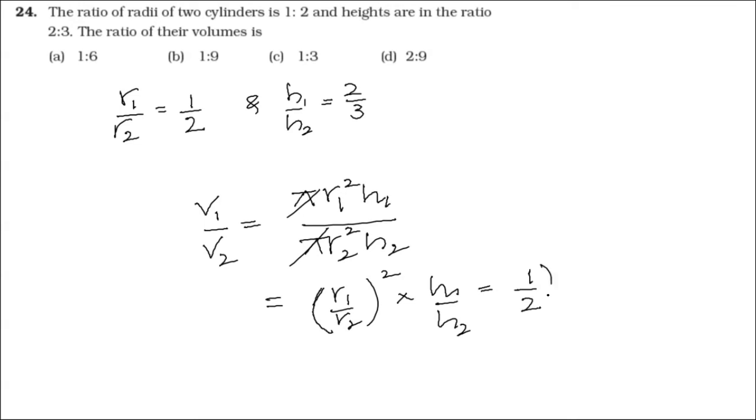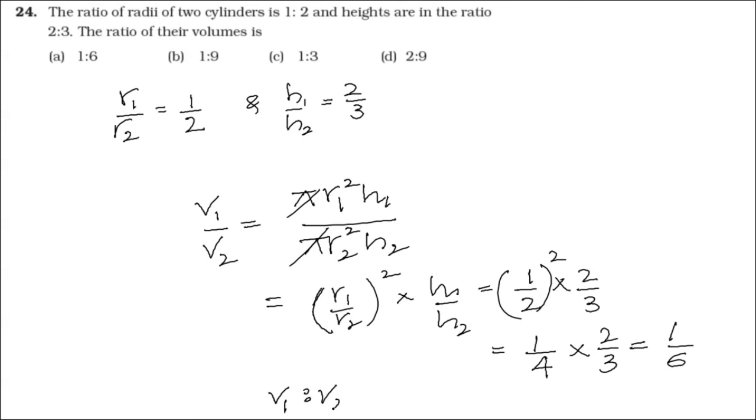So 1/2 should be squared, and it is to be multiplied with 2/3. So 1/4 times 2/3. Simplify, we get it as 1/6. It means the volumes ratio V1 is to V2 is 1:6. Confirms that option A is the right answer.